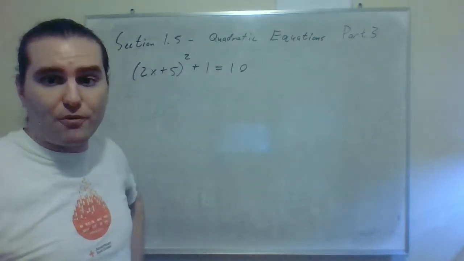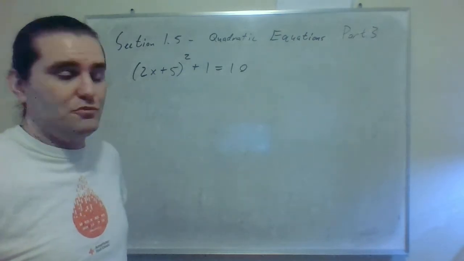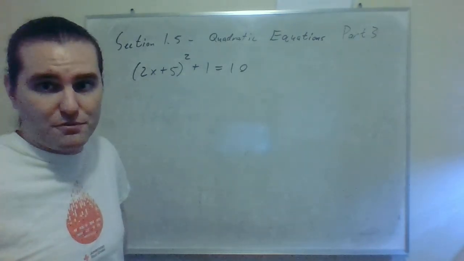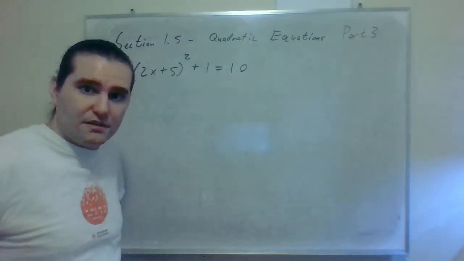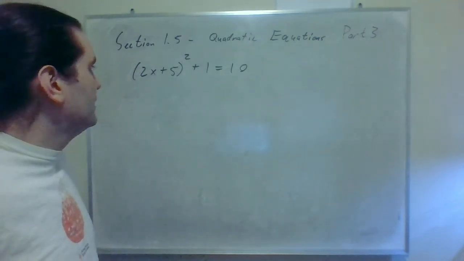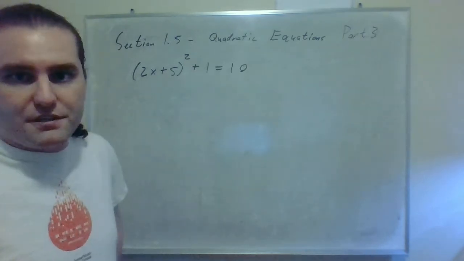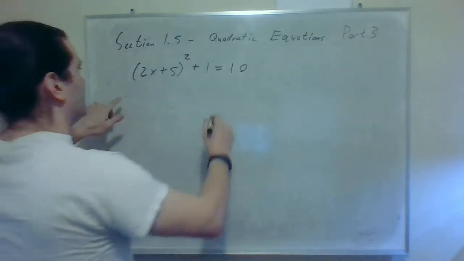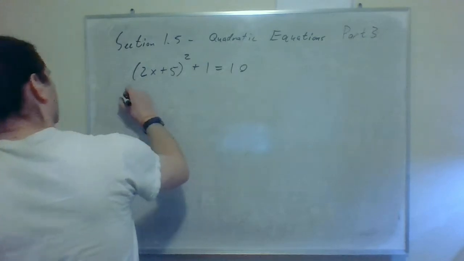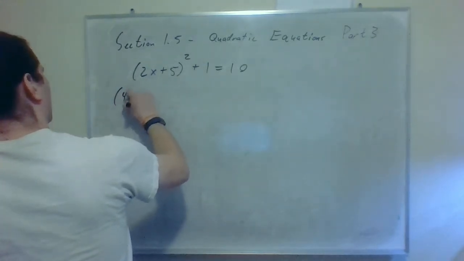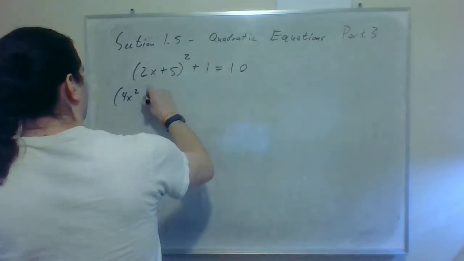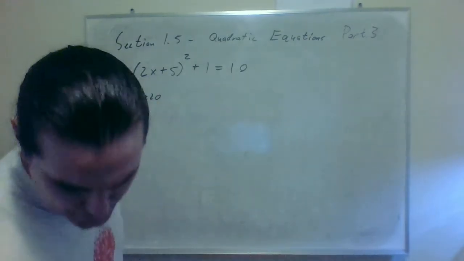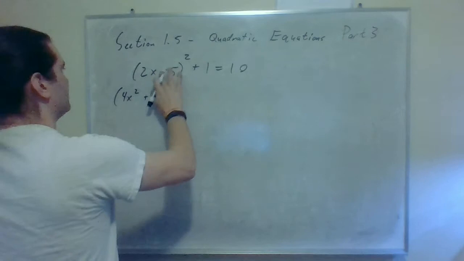As I have mentioned before, I am extremely partial to the plan where you just set it equal to 0 and factor it. I like that plan a lot. So I'm going to start with that, and then we'll see how the other techniques compare. So I'm going to FOIL this bit. That'll give me 4x squared minus 20x. Oh, is this a plus 5 or a minus 5 in there? Sorry, this should be minus 5.